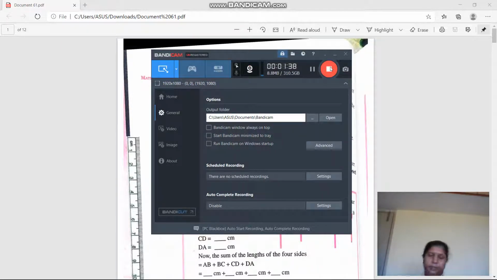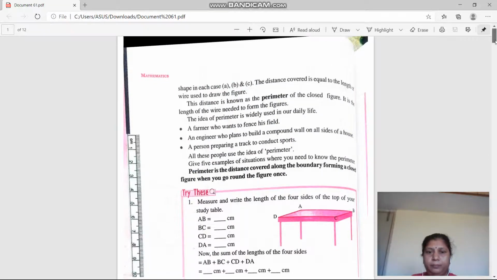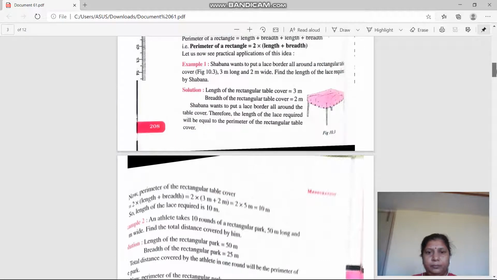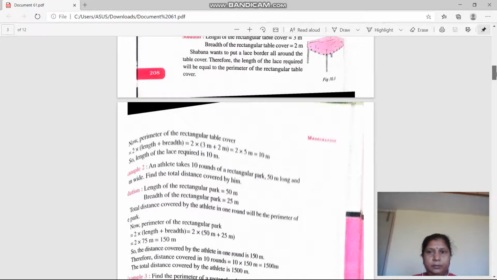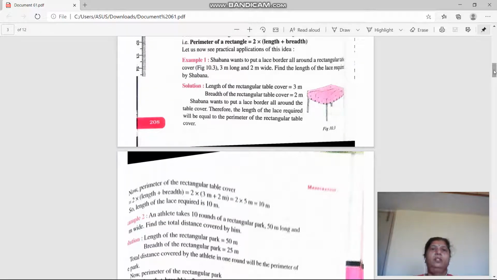Open the book, beta, everyone. So, let us start revising the examples on page number 208 and 209. Let us see the first example. Shabana wants to put a lace border all around a rectangular table cover 3 meter long and 2 meter wide.